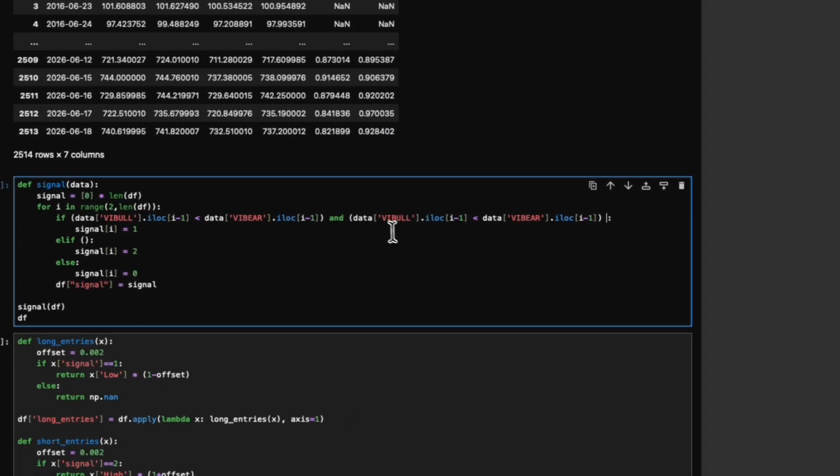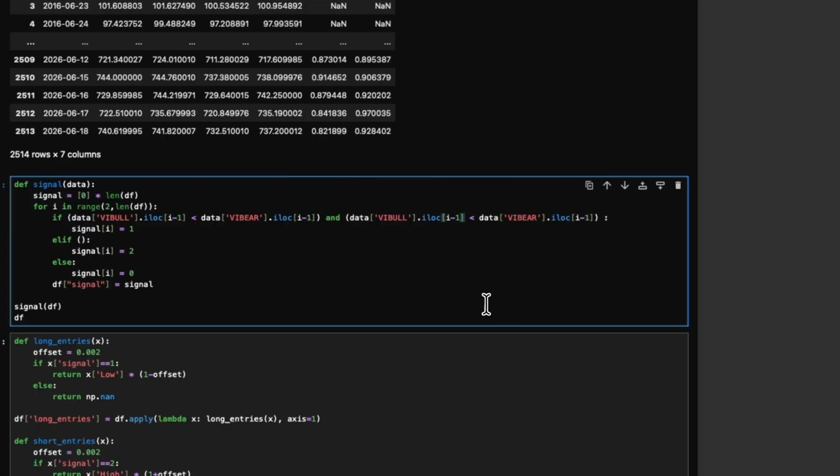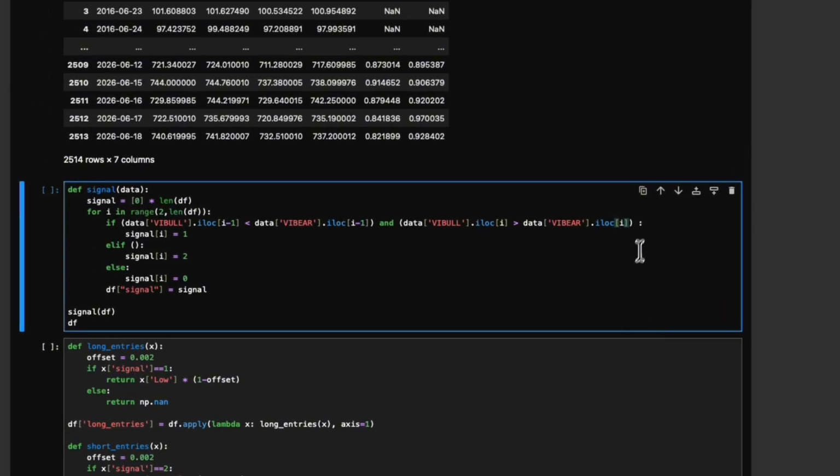And today's value of VI bull, which is now no longer i minus 1, that would be i, is greater than our VI bear today, then put a 1 in my signal column.